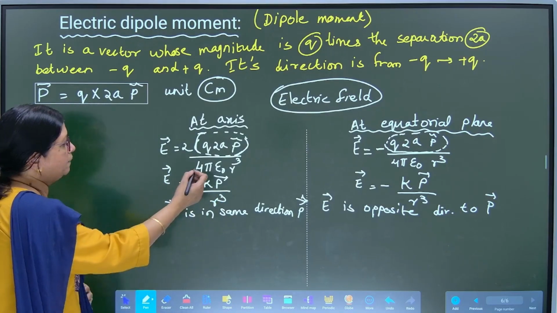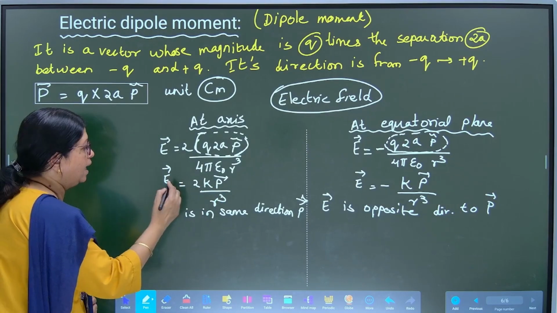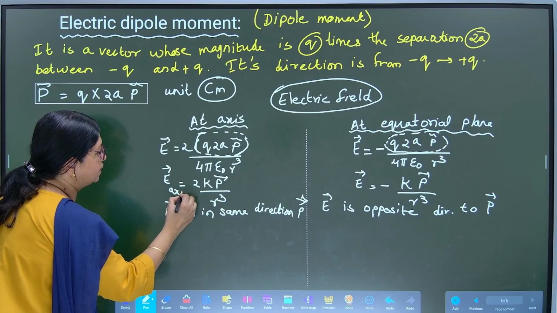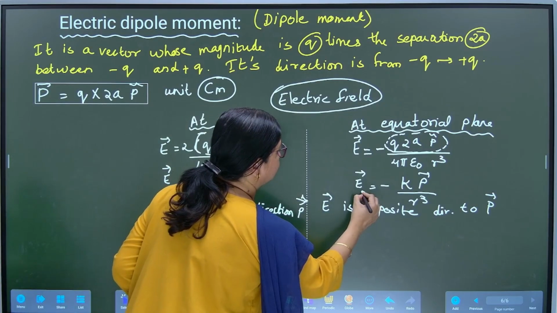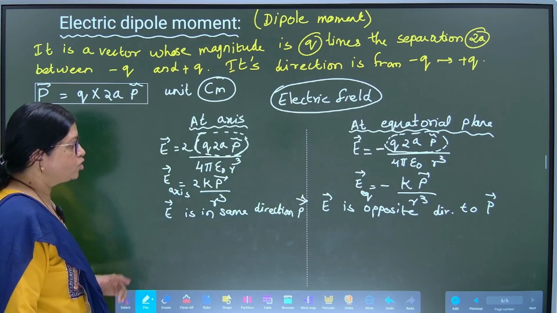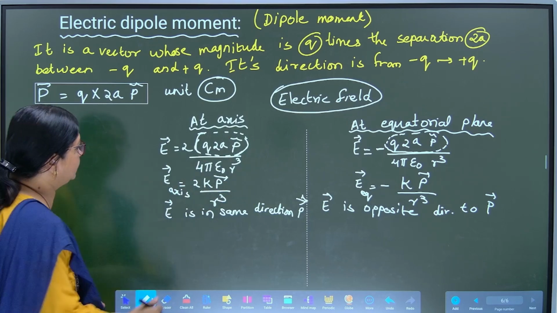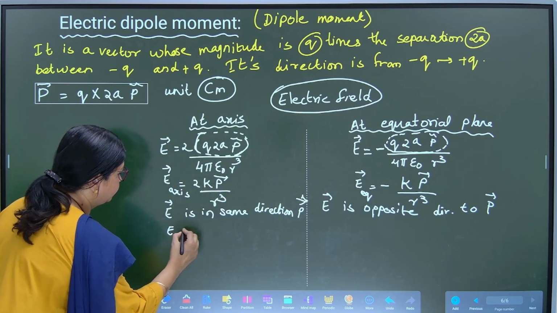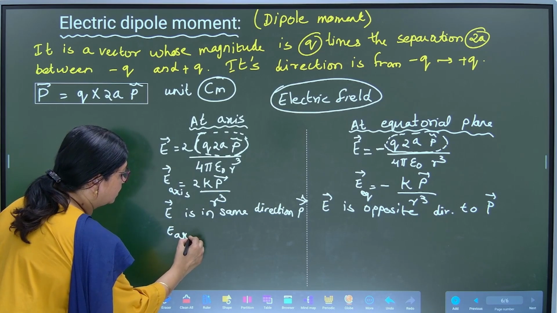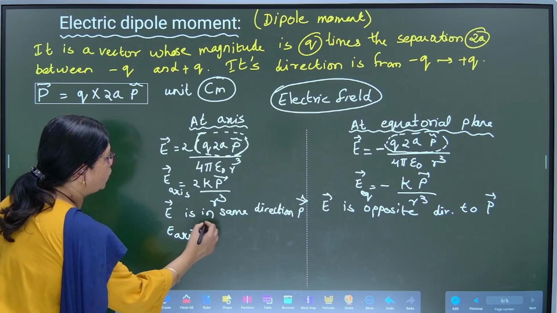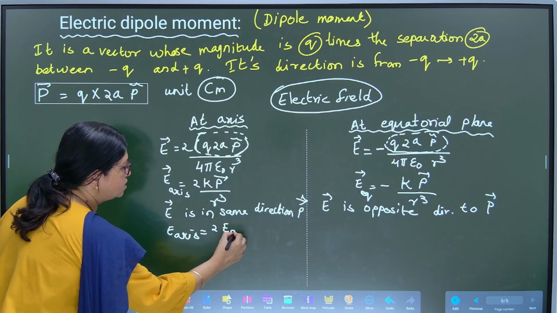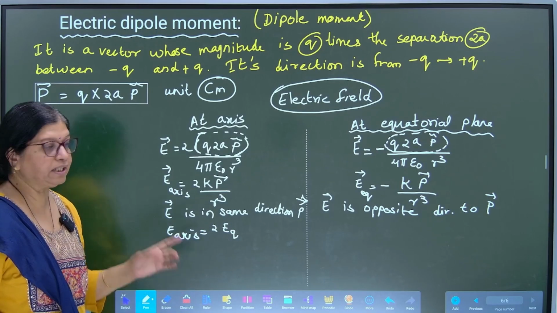Next observation, in magnitude, this is twice. Let me write this as E axis, and let me write this as E equator. So what can we find out? That E axis magnitude is twice E equator. That way also a question can be asked.